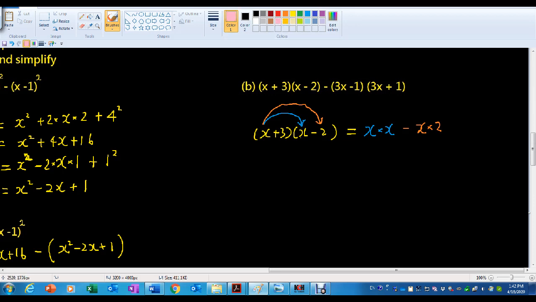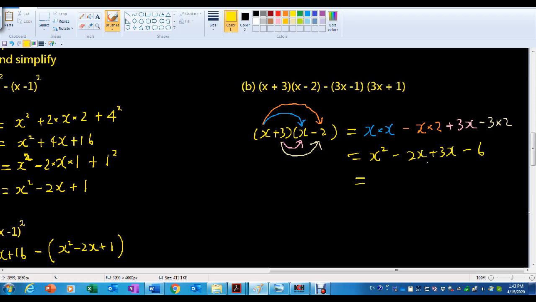And the third term, 3 times x, because both are positive. And the last one, 3 times minus 2, so that's minus 3 times 2. So now your answer is x squared minus 2x plus 3x minus 6.